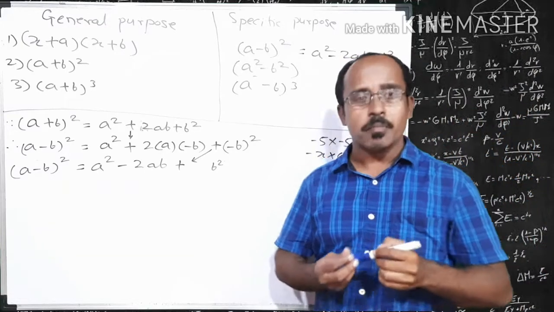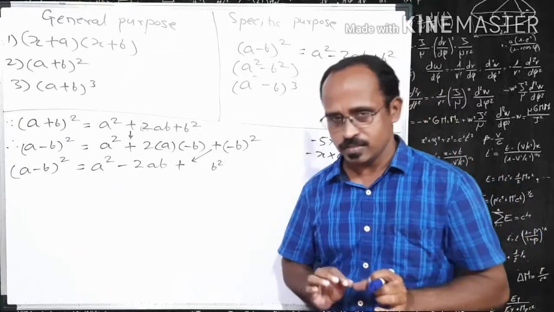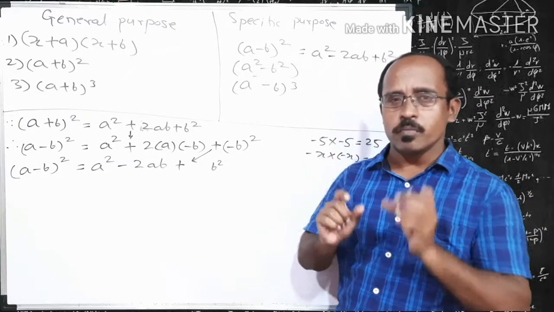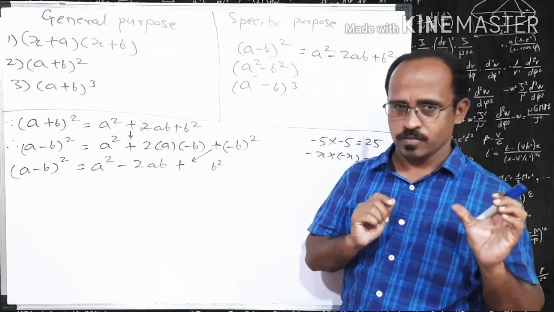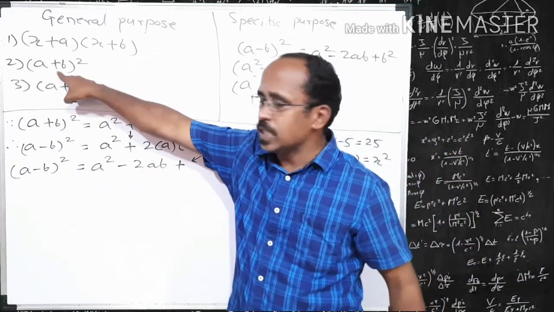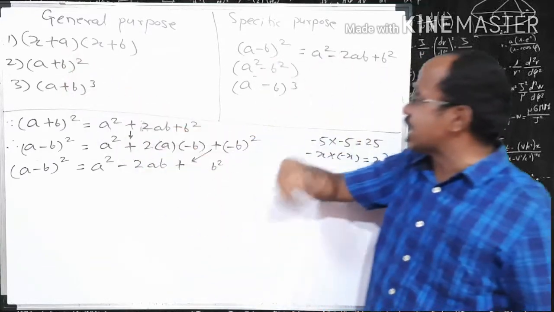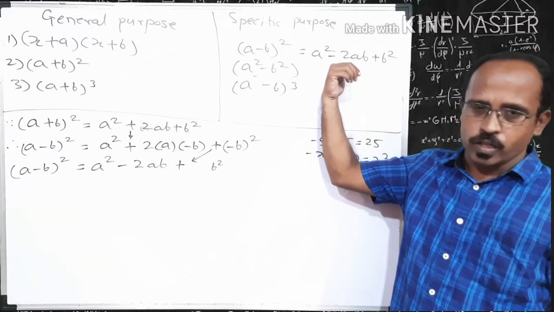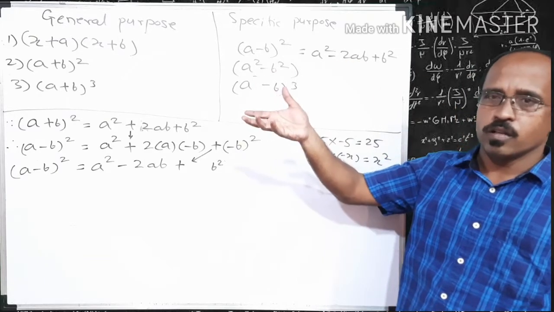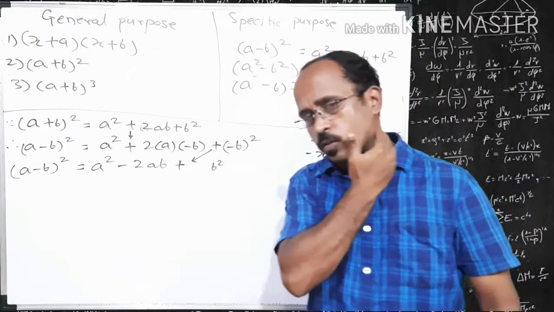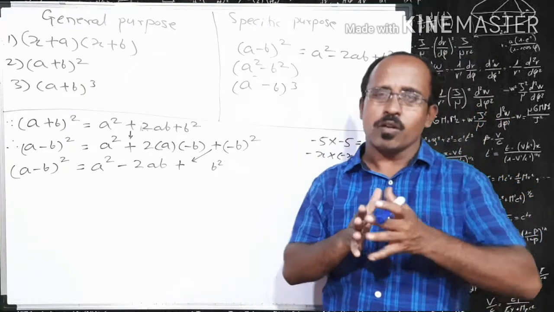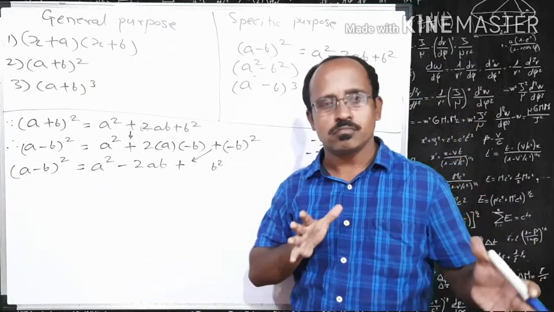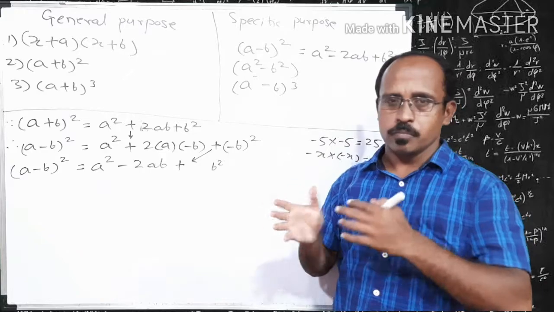Now what is the magic of this? The magic is you just have to remember very less formulas. If you remember only this one formula, you can automatically derive this one formula. Most of the times it's difficult for few students to remember a lot of formulas because all of them are looking same, right?